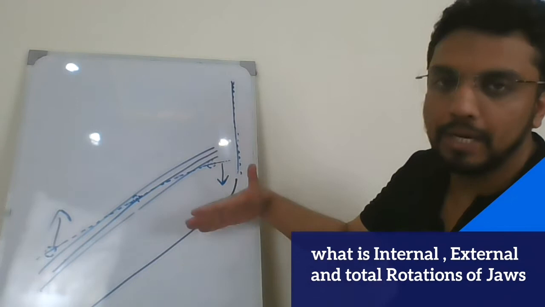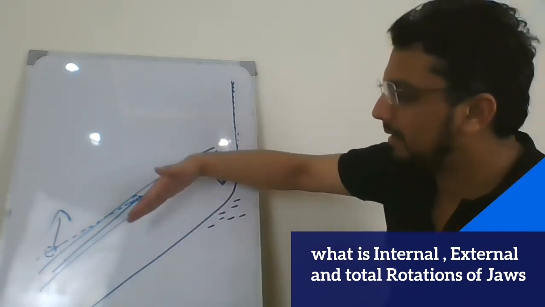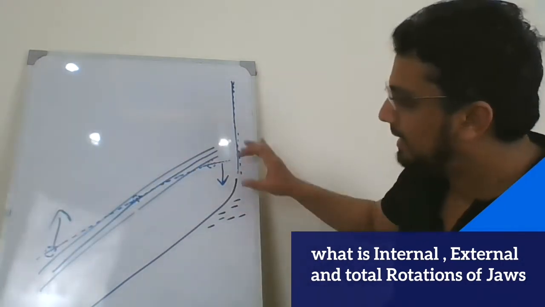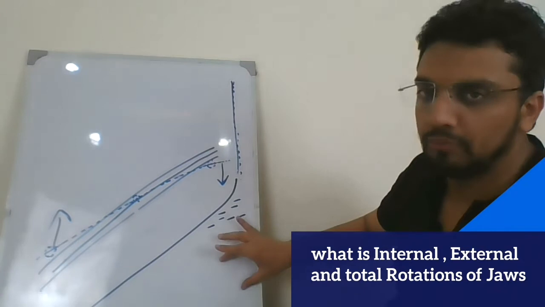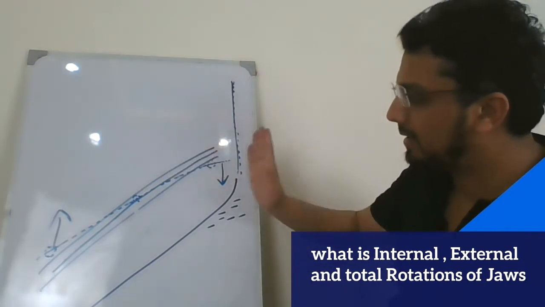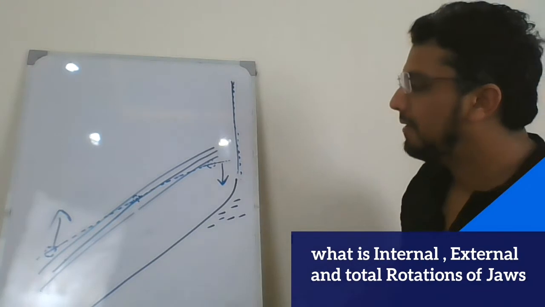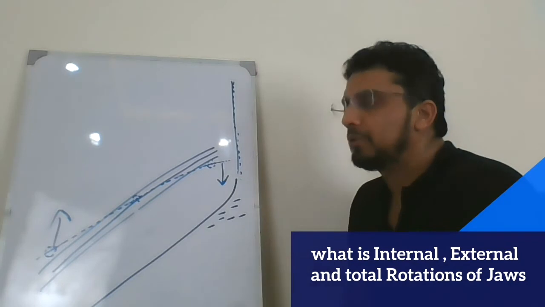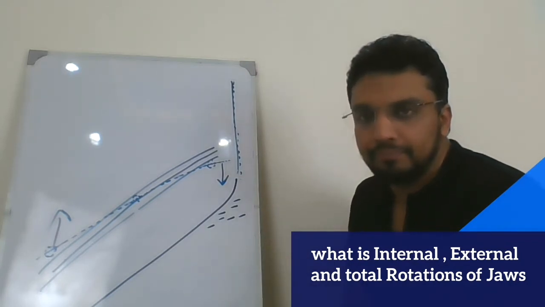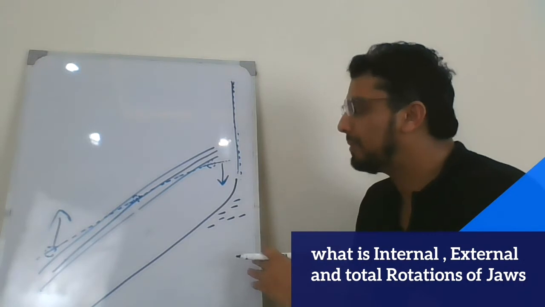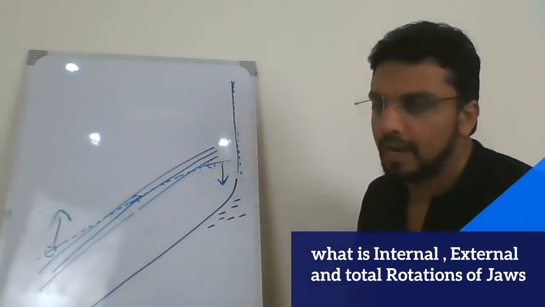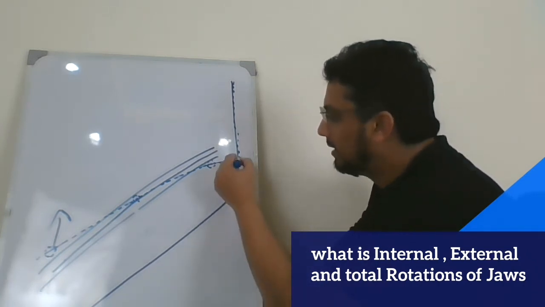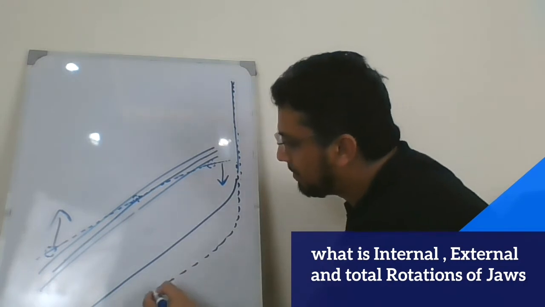Actually, as an impact of the internal rotation, that is in a counterclockwise rotation, this anterior part of the mandible is moving upward and this posterior part is moving downward. This part of the mandible moving downward should increase the posterior facial height. Ideally this should be increasing the posterior facial height. So as a result of the internal rotation, the position of the jaw should be like this.